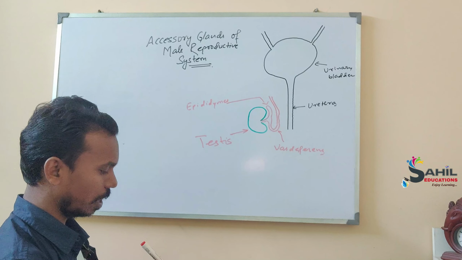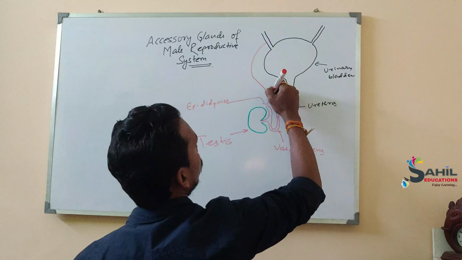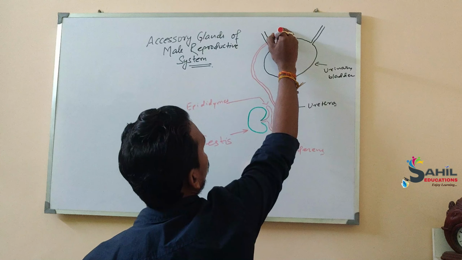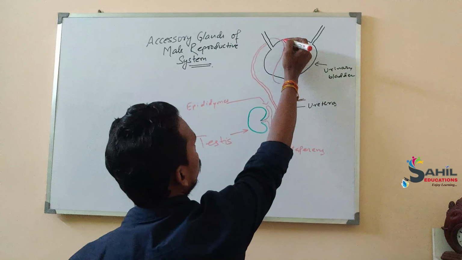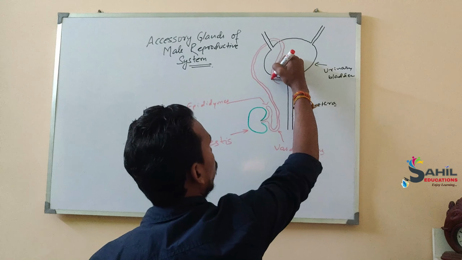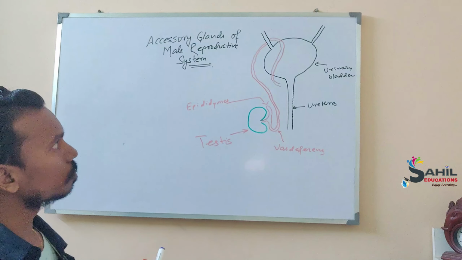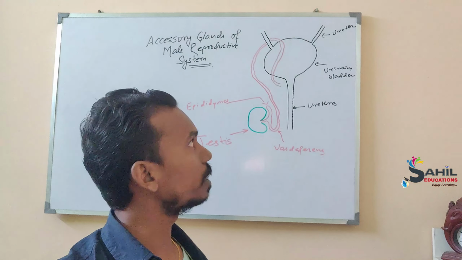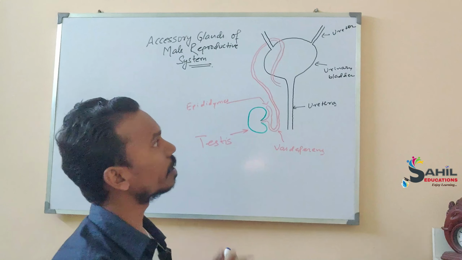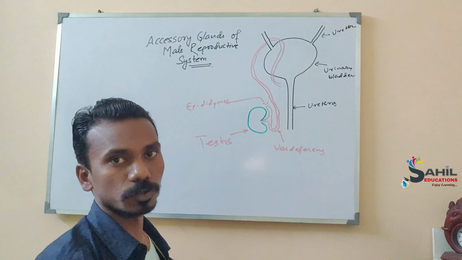Now this vas deferens will entangle the ureter and come to the initial part of the urethra. The ureter basically allows the urine to come from the kidney to the urinary bladder, and then the urinary bladder pushes and the urine comes out through the urethra.